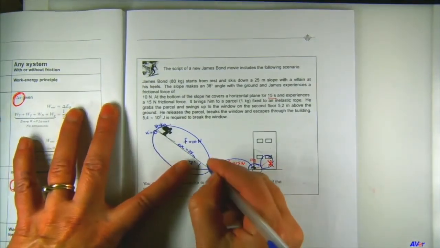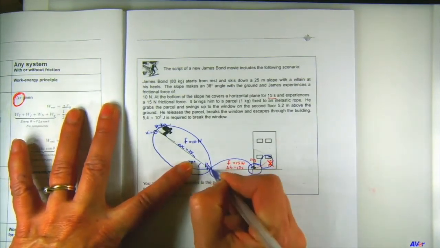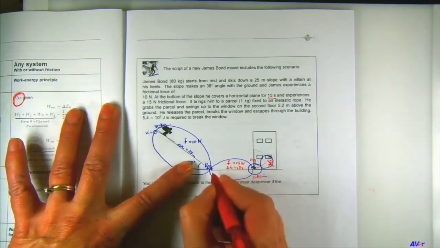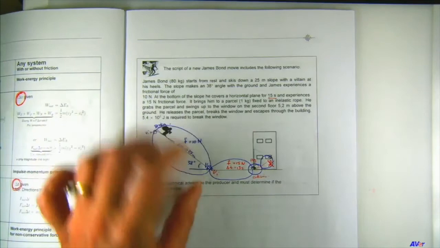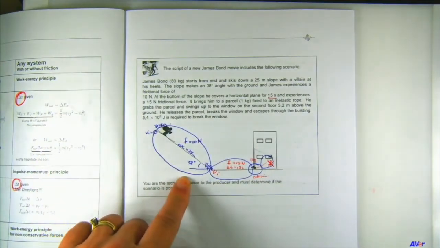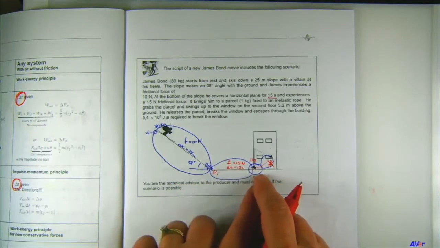final velocity of that first part will be the initial velocity of the next part. Right. So you take this part and you work out the final velocity. That gives you the initial velocity for the second part.